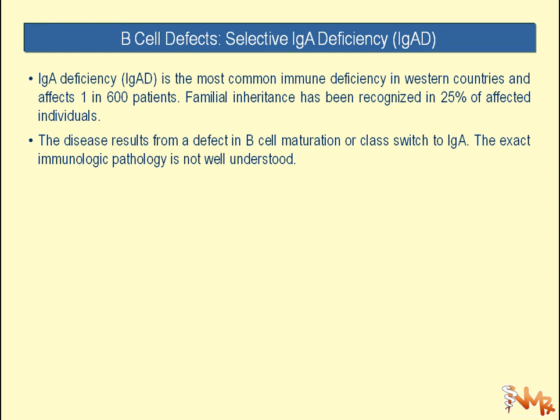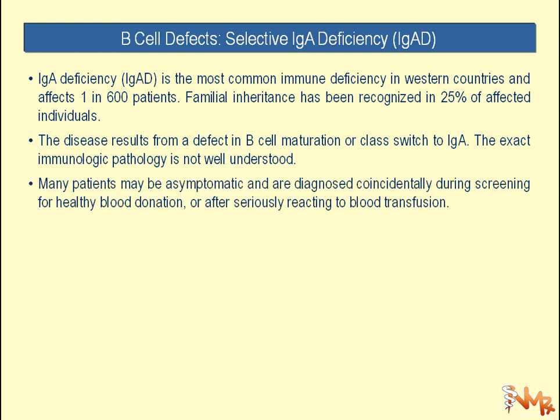The exact immunologic pathology is not yet well understood. Many patients may be asymptomatic and are diagnosed coincidentally during screening for healthy blood donation or after seriously reacting to blood transfusion. This was the case with the case scenario that we just covered.